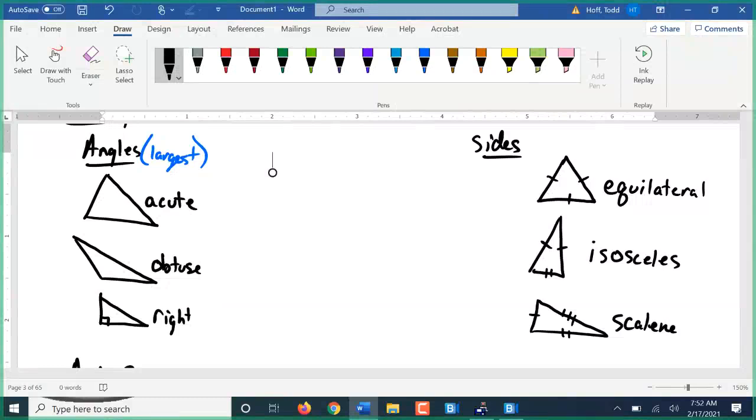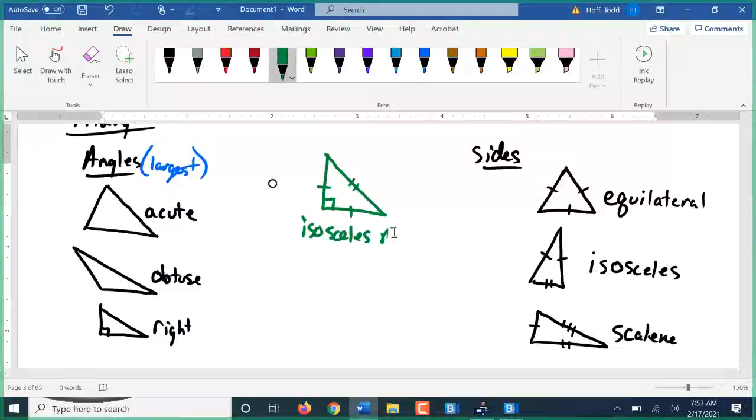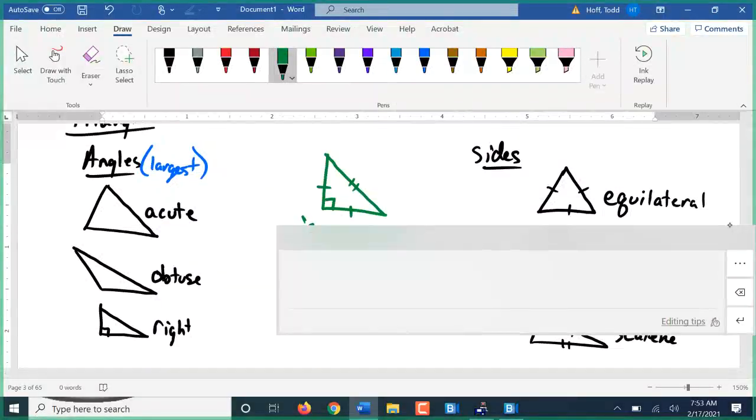Now, most triangles are referred to as a combination of the two. This would be called isosceles right triangle. Right triangle, but it also has two equal sides.